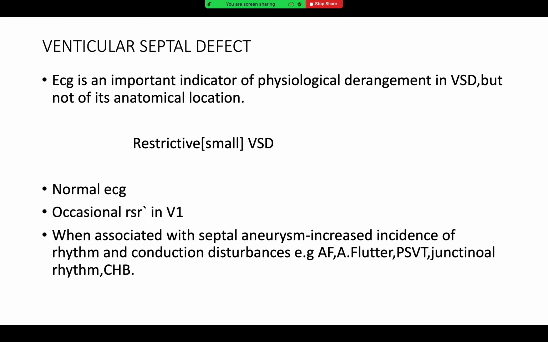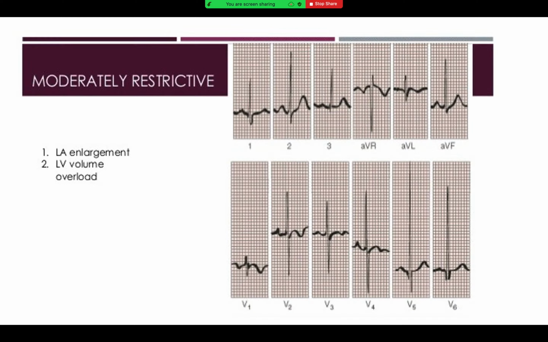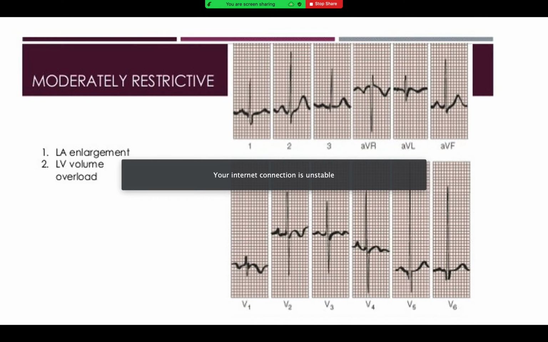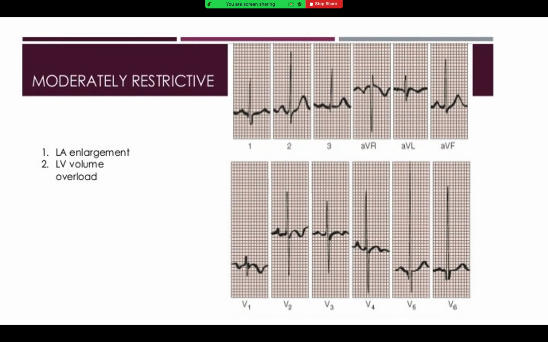Is that okay? So what is the typical thing about this? Because this is a moderately restrictive VSD, two things you will be able to notice. The left atrium enlargement is going to happen, and also the LV volume overload. So how do you notice the LA enlargement? If you look carefully over here, what other features will you notice?